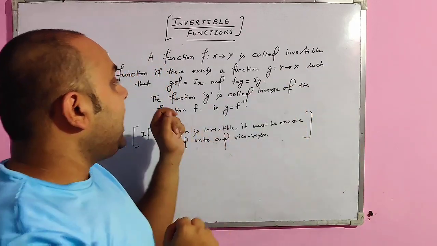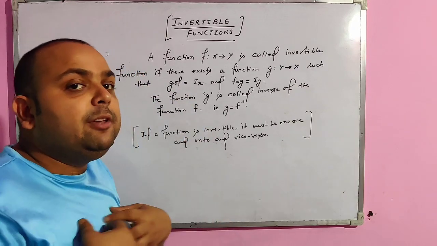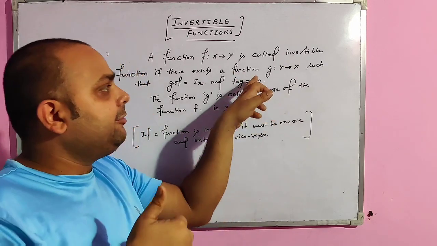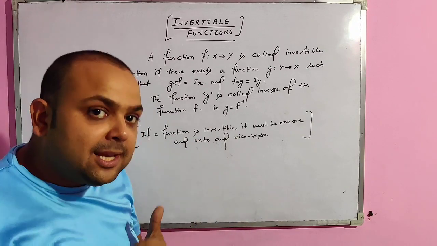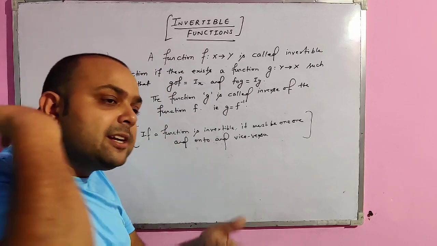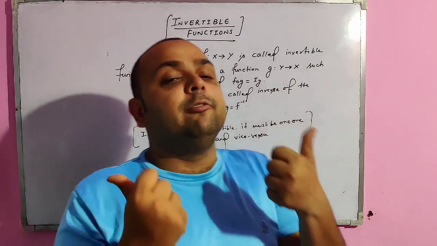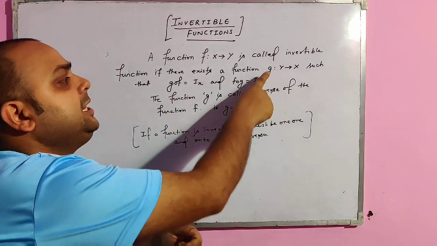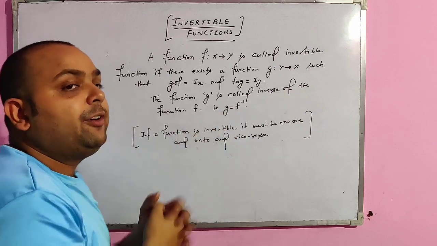Such that gof, that is substituting f(x) in g, gives the value x, and substituting g(y) in f gives the value y. Whatever variable we substitute, we get the same value. Then that particular function is called invertible, since they are inverses of each other. So g is called the inverse of f and is represented by g equal to f inverse.